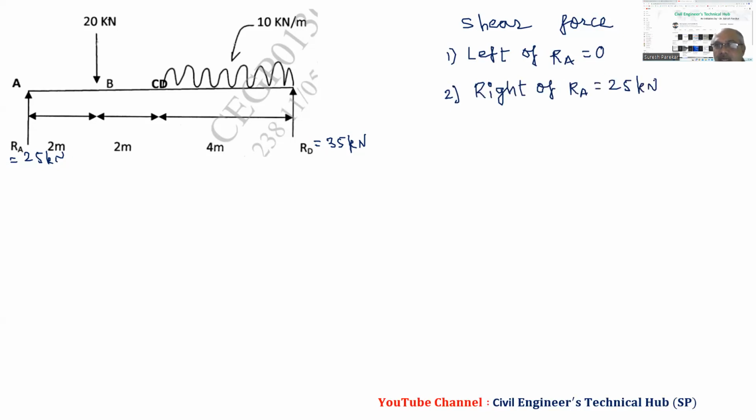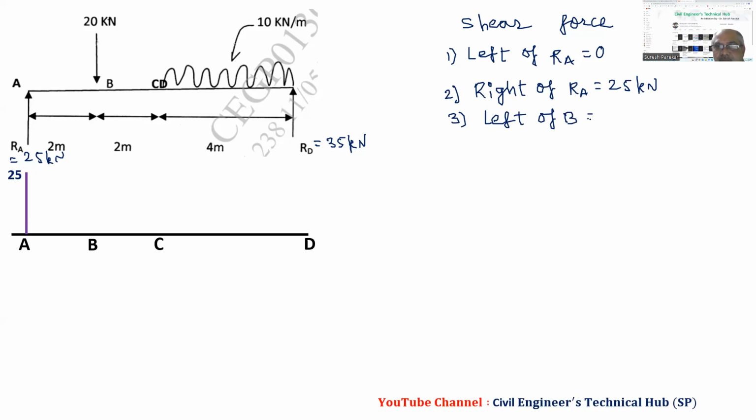We will plot it simultaneously. Then left of B, the value will remain the same, no change, so we have 25 kilonewton.